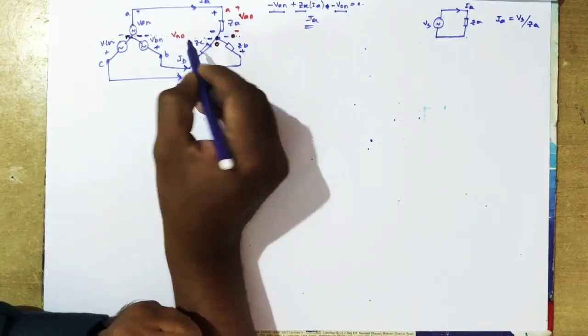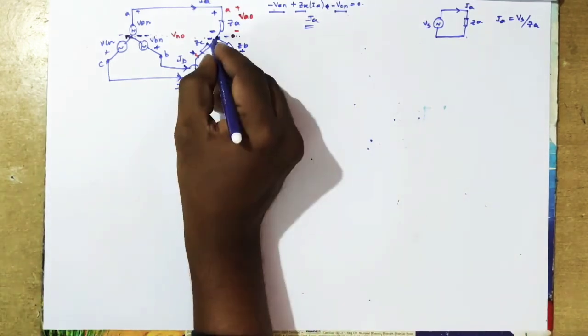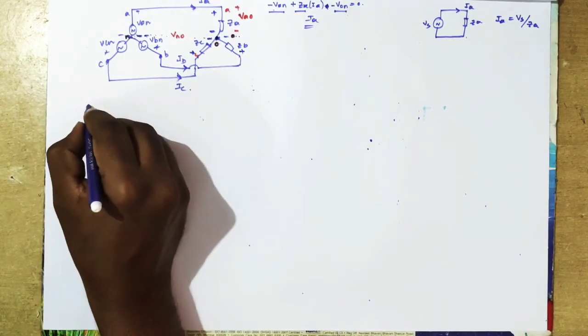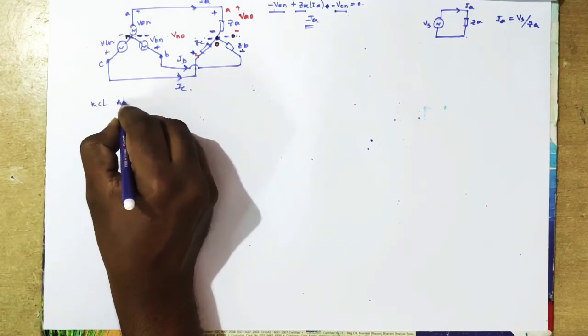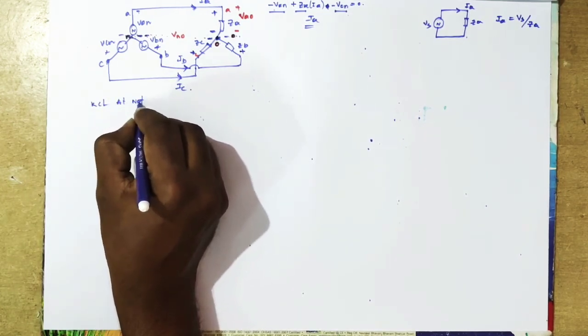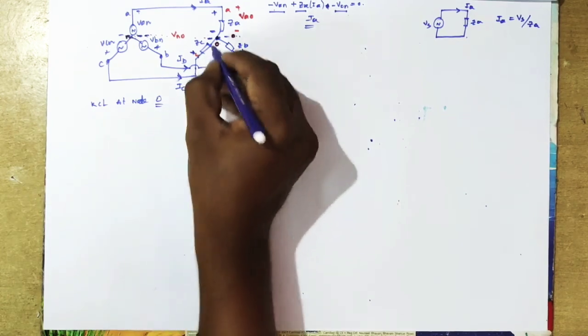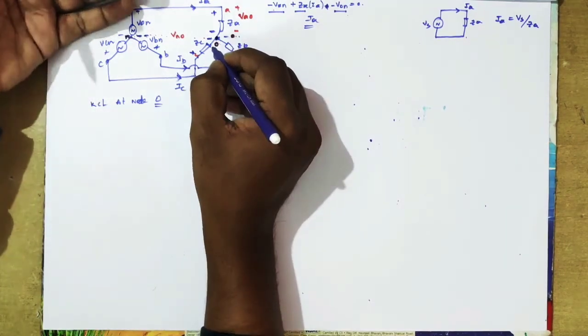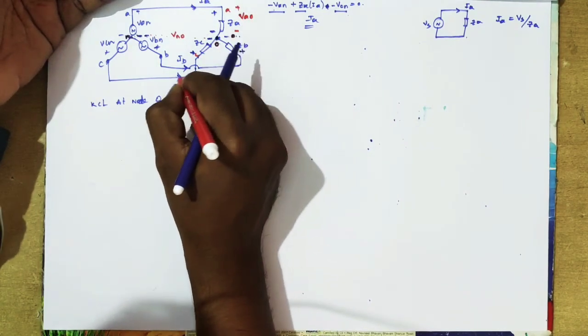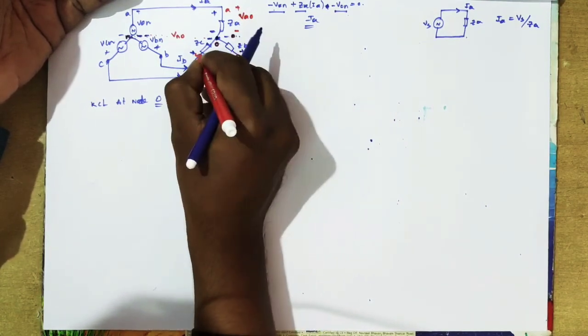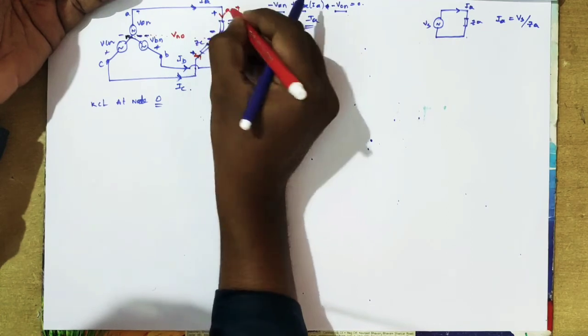Now to find this IA, what we do is apply KCL at node O. This is the node O. So what does KCL mean? The currents entering should equal the currents leaving. What are the currents entering? IC is entering, IB is entering, and IA is entering.